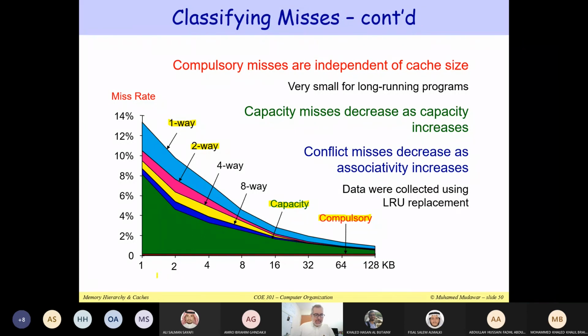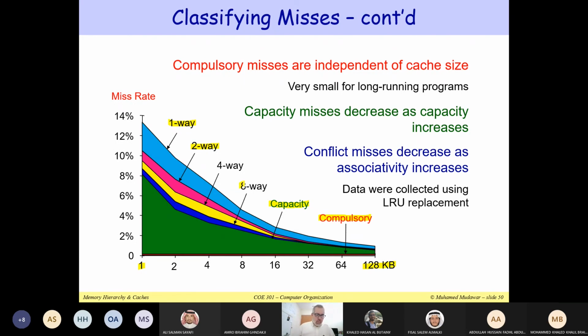As we increase the capacity of the cache from 1 kilobyte to 128 kilobytes, this is an experiment done by simulation, you can reduce the cache misses. And so that's the capacity. When I say capacity, I assume that the cache is fully associative, and you can place the block anywhere inside the cache.